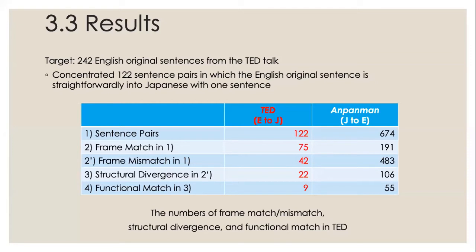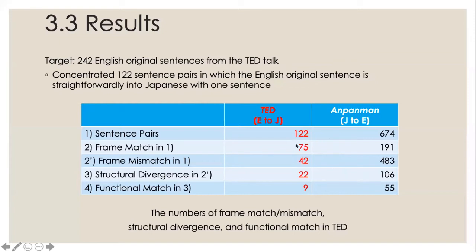So we concentrated on analyzing sentence pairs in which the English original sentence was more or less straightforwardly translated into Japanese with one sentence. And there are 122 such pairs. And this table analyzes the result in comparison with our earlier study on the children's book.